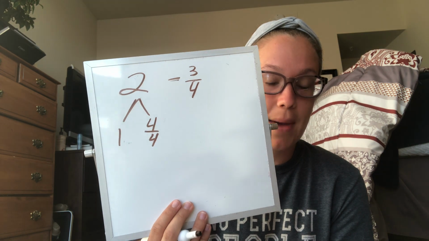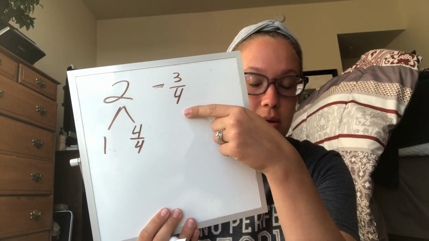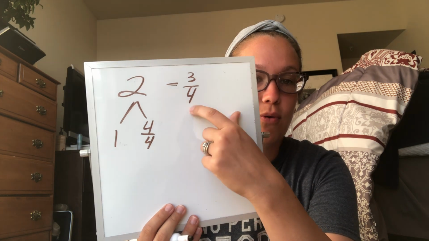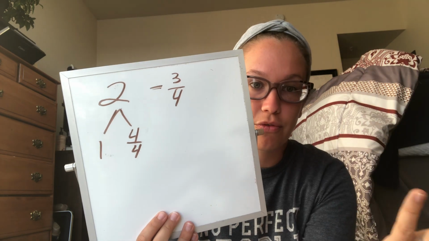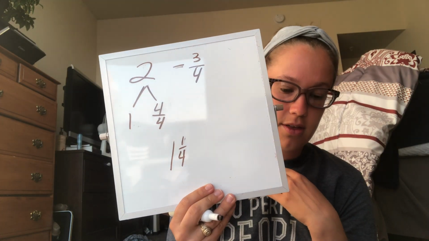We still have the same amount, but now we have the same denominator, so we can subtract. So what is 4/4 minus 3/4? 1/4. And we have 1 left over, so our answer will be 1 and 1/4. Hopefully that makes sense. Let's do another one that's not on your review, just because that can be kind of confusing.